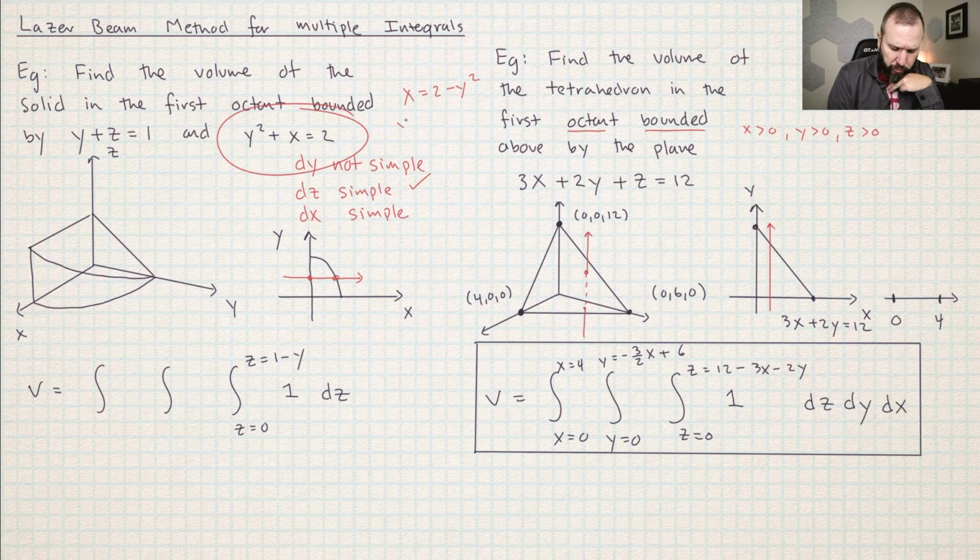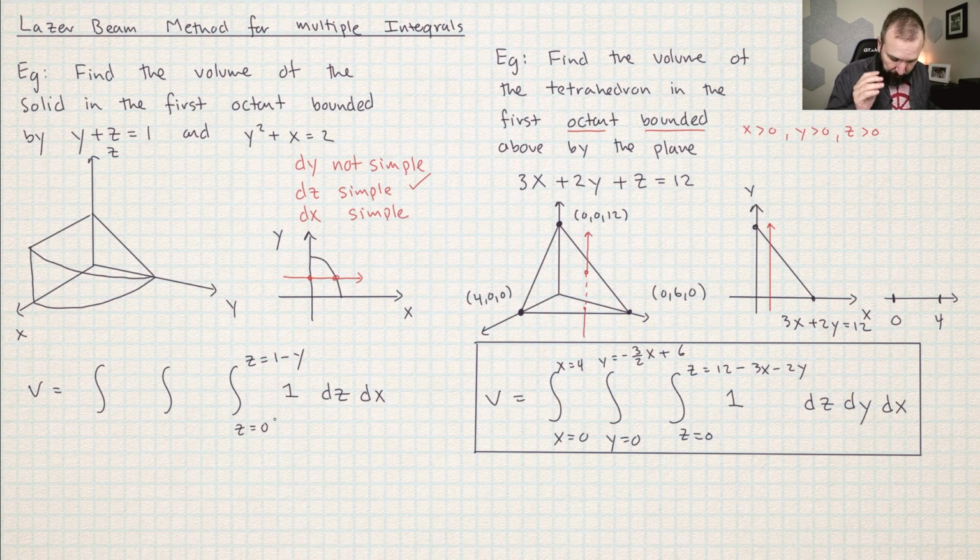The other choice would be y equal to the square root of 2 minus x. I would rather do the first one, so I'm going to choose x next. Sometimes if the choice doesn't matter, you're setting this up so that you can do the antiderivative, so try to do it in a way that's simple.